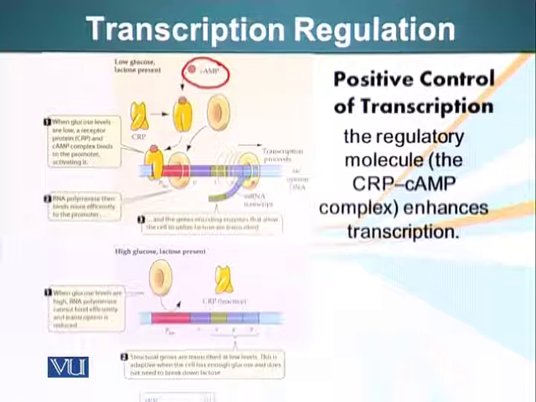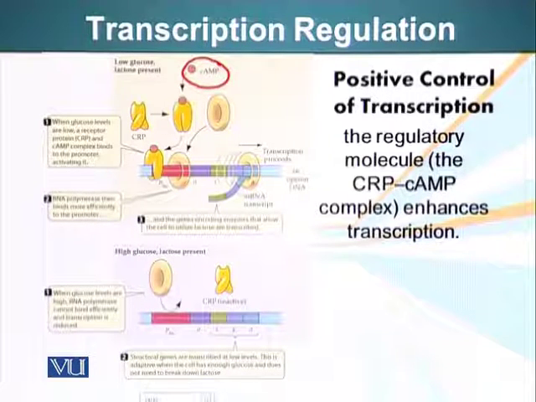Let's look at that. When cyclic AMP is present, with low glucose concentration and lactose in the system, so the repressor cannot bind the operator, cyclic AMP binds a protein called CRP, the cyclic AMP receptor protein.